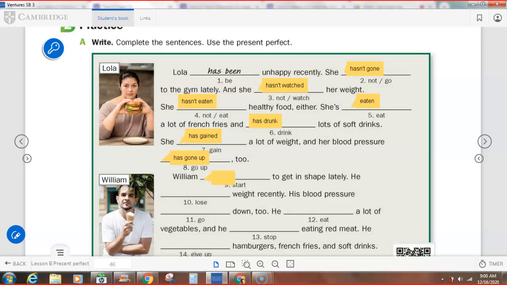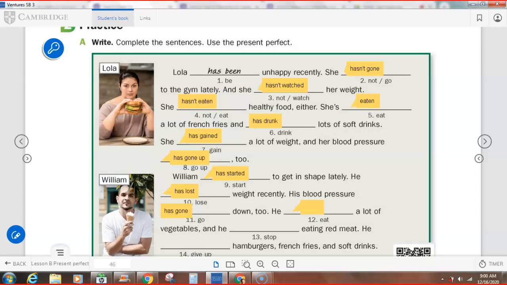William has started to get in shape lately. Good. He has lost weight recently. Yes, and his blood pressure has gone down. It's gone down too.